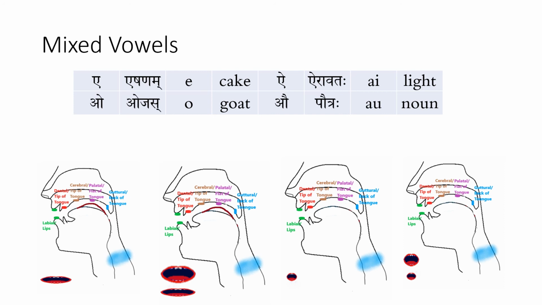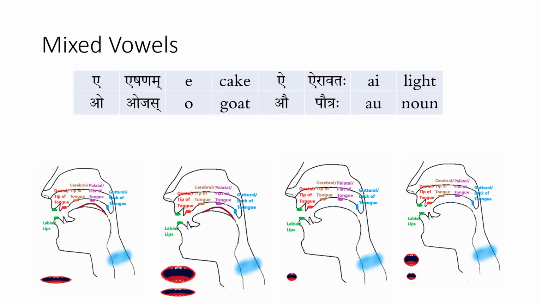The next one is O. This is a combination of A and U sounds, which we saw earlier. Starting with A and changing it quickly to U makes it O. Here also the muscles in the throat are relaxed.